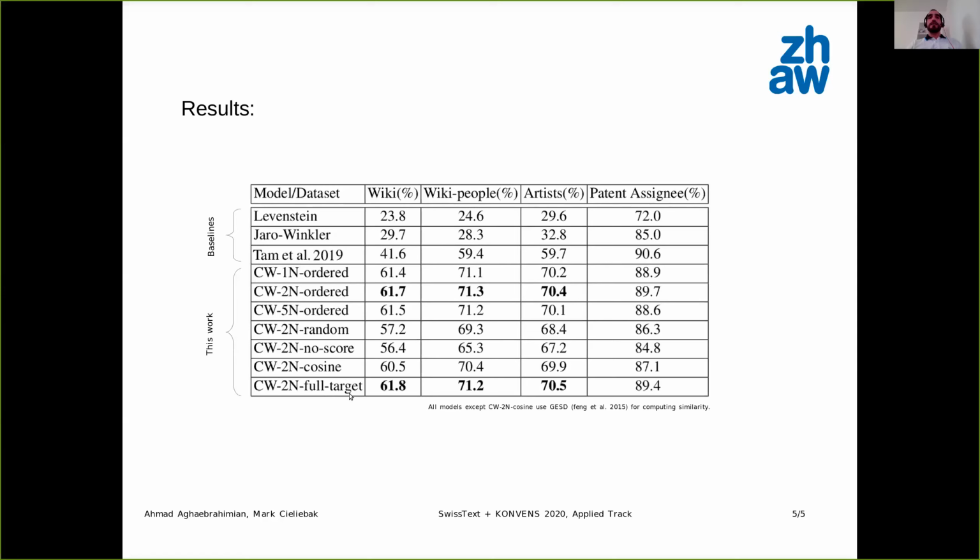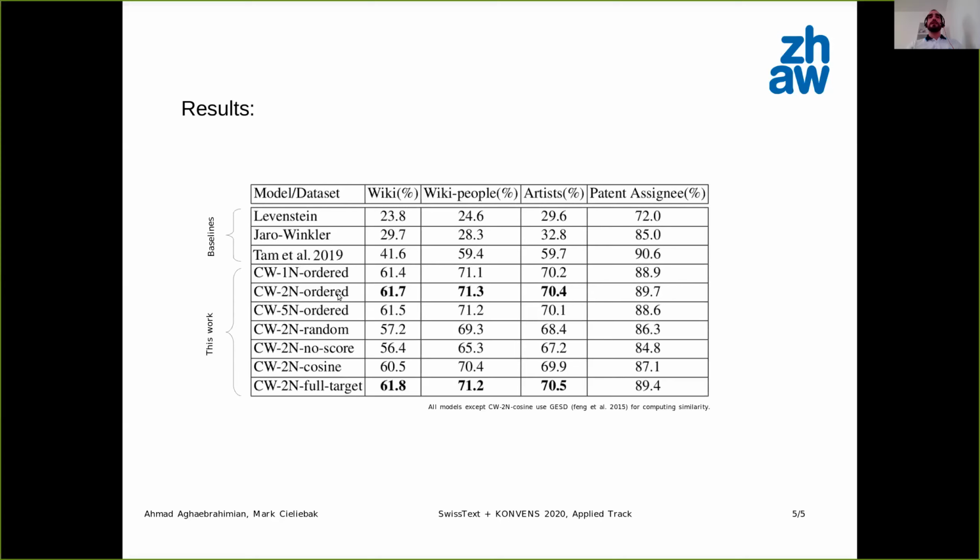There are two highlights about the results that I'd like to pinpoint. First, the state-of-the-art results: out of 4 datasets, we got state-of-the-art results on 3 datasets. And second, the robustness of the model, which can be seen by comparing the full target with the ordered model.